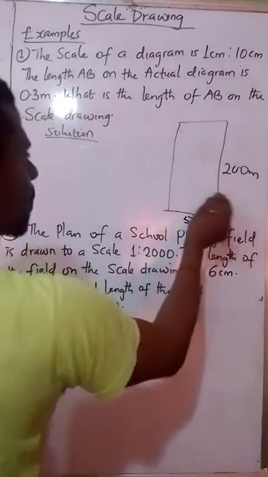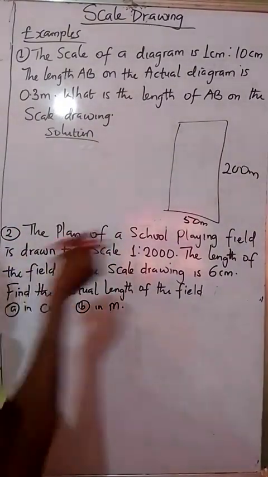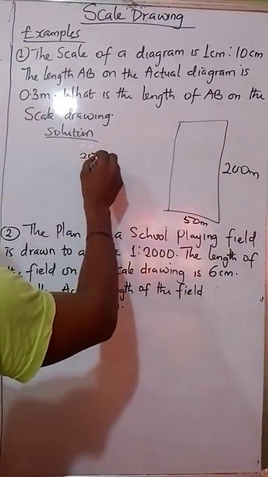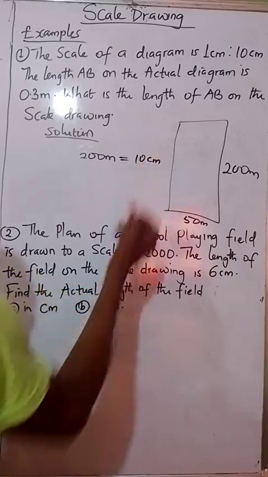For this building I just used as an example, if I want to draw it on paper, I can let my 200 meters be just 10 centimeters.